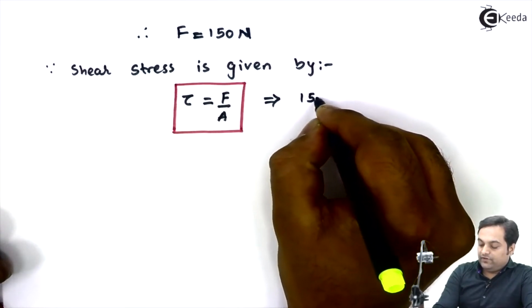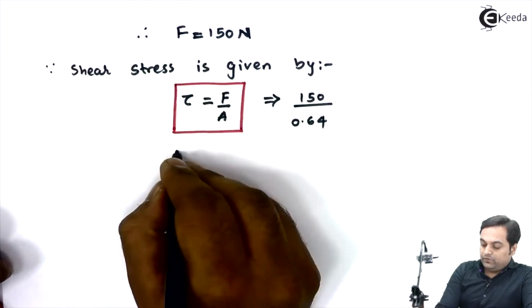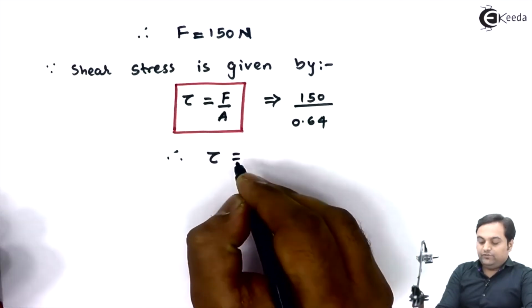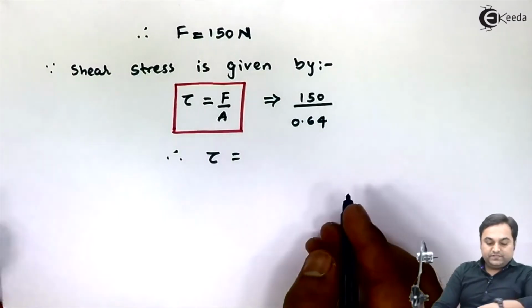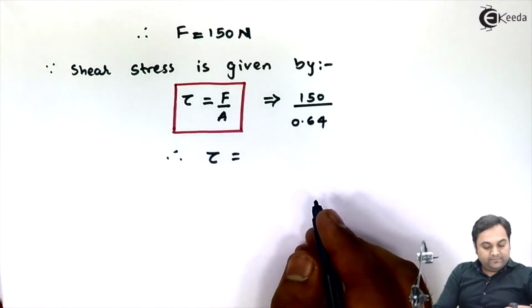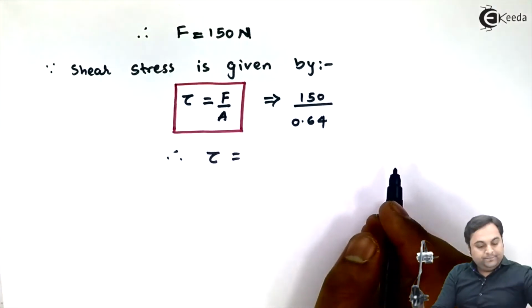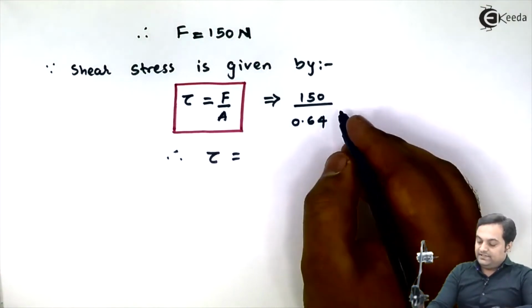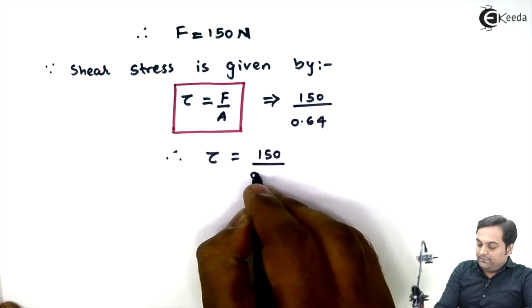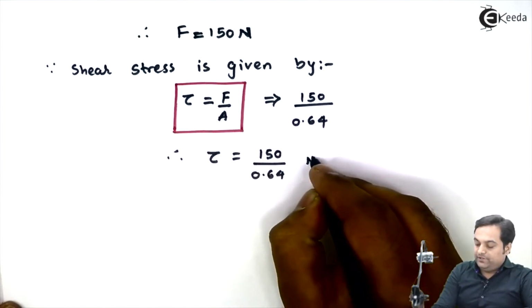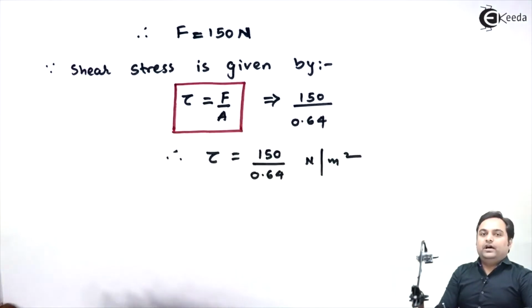Force is 150, area 0.64. My answer is 150 divided by 0.64, and I'll keep it as it is, 150 by 0.64 Newton per meter square, because I'll use this in the formula again.